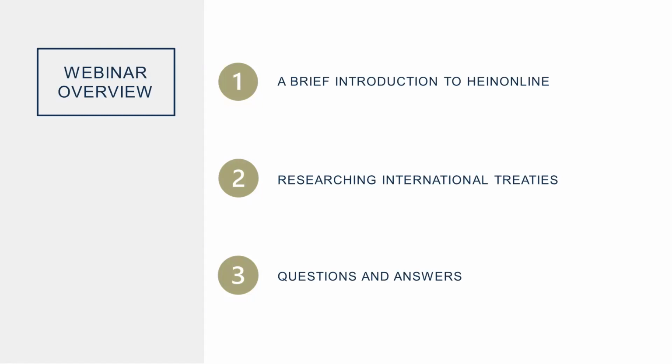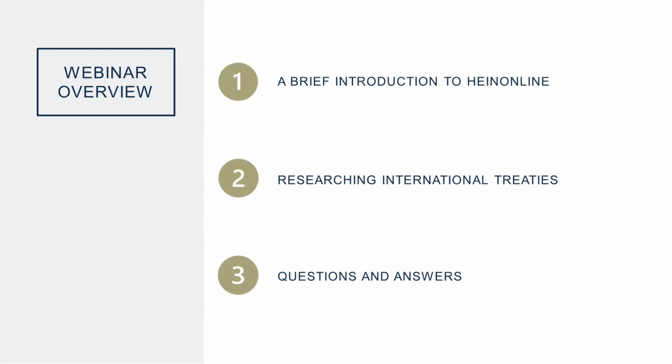We have over 100 different databases. Some of the key content will include our journal database with over 3,000 journals. We have, of course, the International Treaty Database, which we're focusing on today. We have a substantial collection of world constitutions and constitutional histories available, government documents, books, treatises as well in HeinOnline.